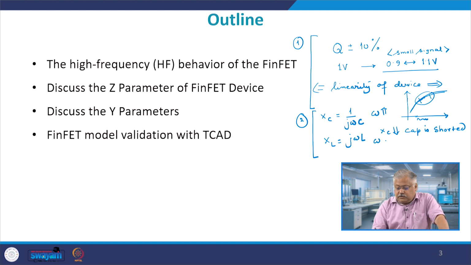When omega becomes very small, then Xc increases and it is almost an open circuit. You can see it from this equation, right.